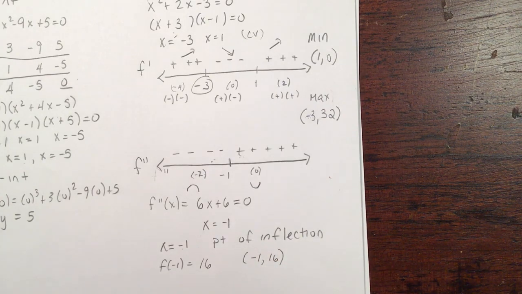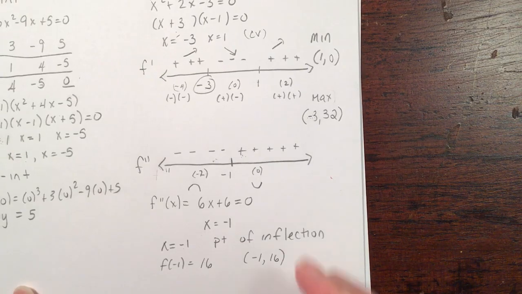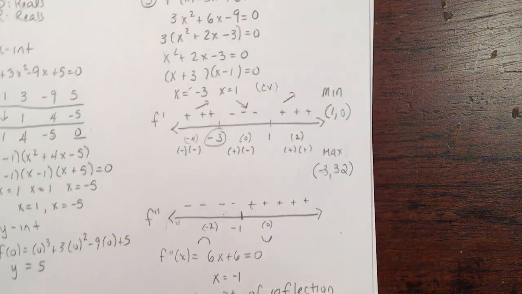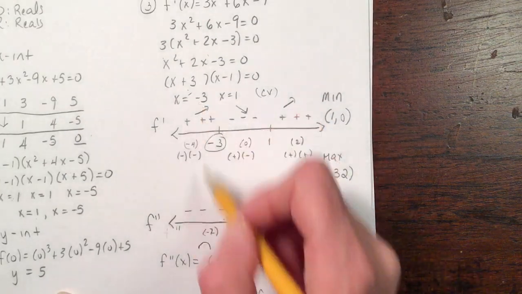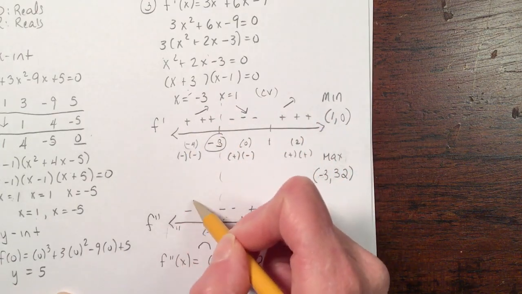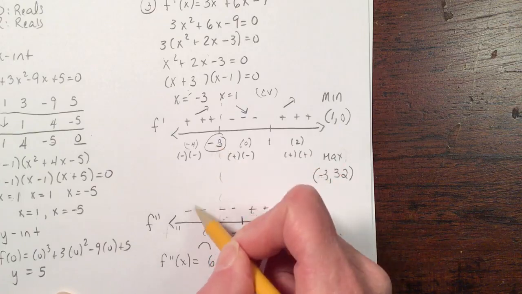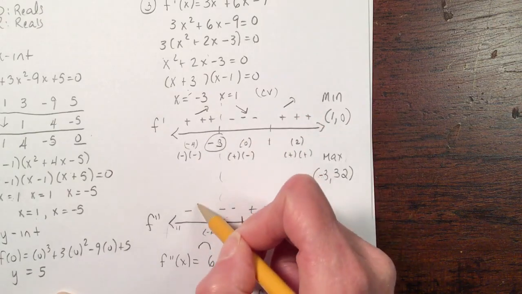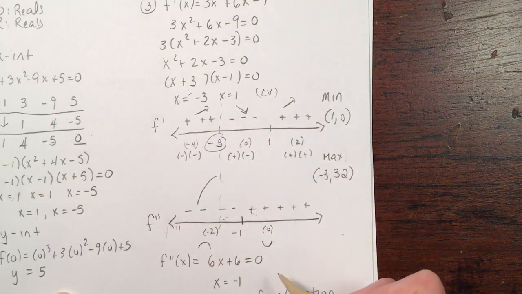All right. So now I have all of my basic information, and I want to kind of sketch this thing. Now here's where this is kind of hard to understand. But basically what's happening here is my curve, from negative infinity to negative 3, is increasing and concave down.